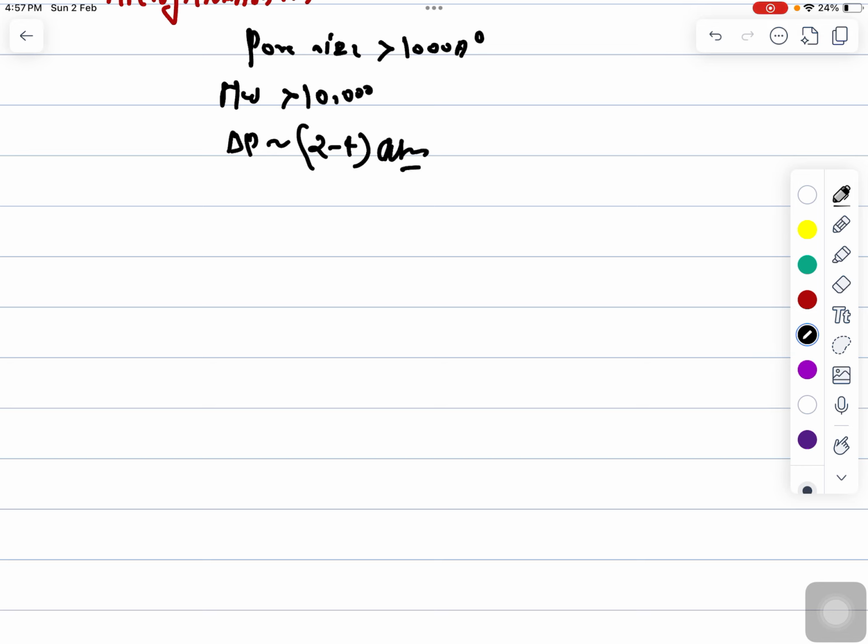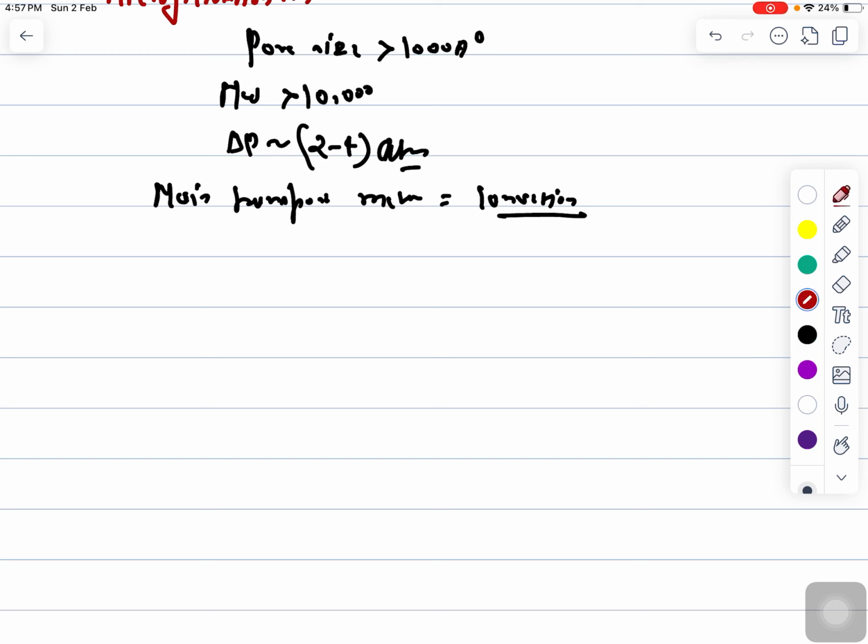So the lowest pressure drop is applied, and here, because pore size is very large, the main transport method is obviously convection, right? I have already discussed that if you are increasing the pore size, then convection will be the dominating step.